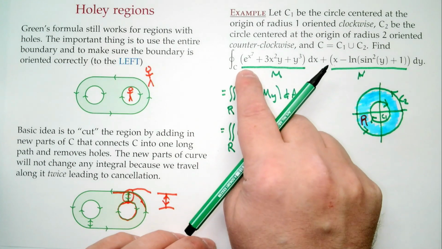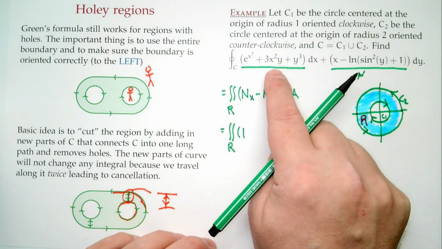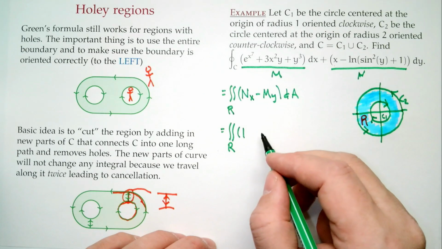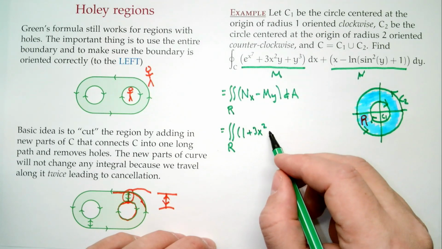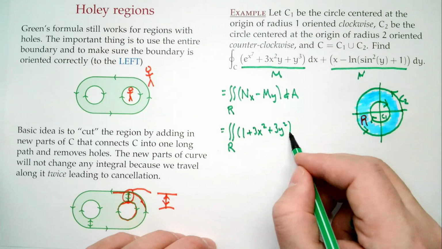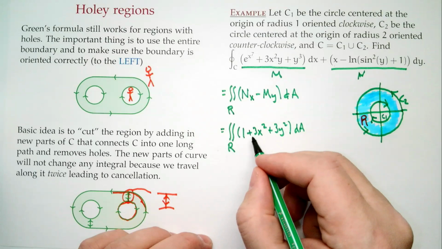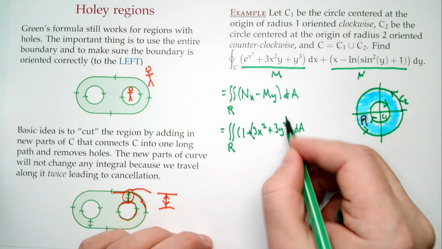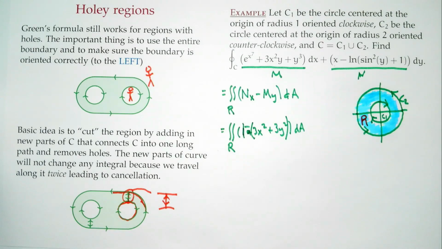The e to the x to the 7th? Gone. The derivative of 3x squared y with respect to y? 3x squared. Derivative of y cubed with respect to y? 3y squared. Now, oh, you're right. That should be negative. We're going to subtract that. Got so excited. Okay, 1, subtract that.